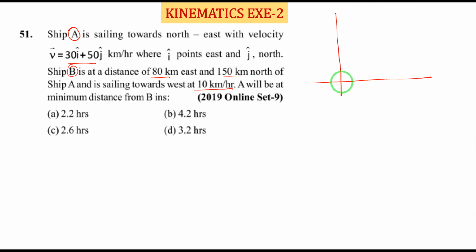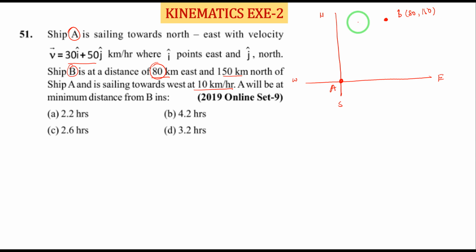Now in this case A is here at the origin, so A say, and this is your east, north, west and south. So ship B is 80 km east and 150 km north, so somewhere here this is B. Okay, 80, 150 y पे है.